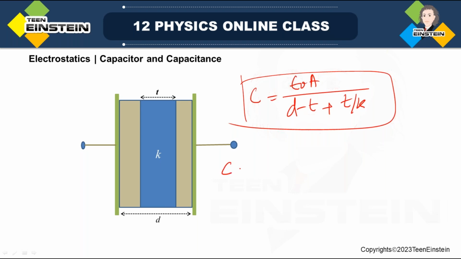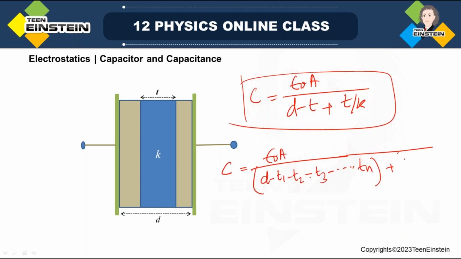So this formula can be replaced by D minus T1 minus T2, sorry, this also will be minus T3, then let it go up to Tn. Okay, this part is there, plus T1 by K1 plus T2 by K2. So like that it goes up to the nth term, Tn by Kn.